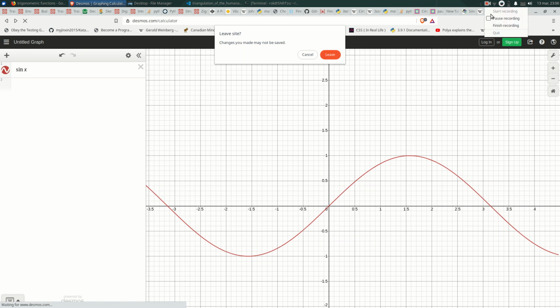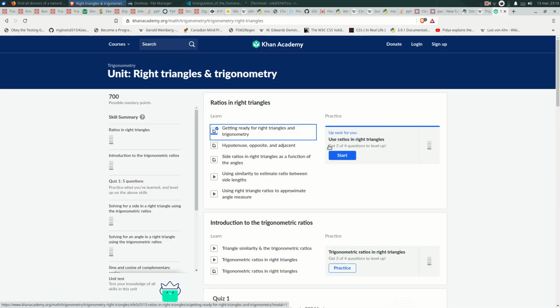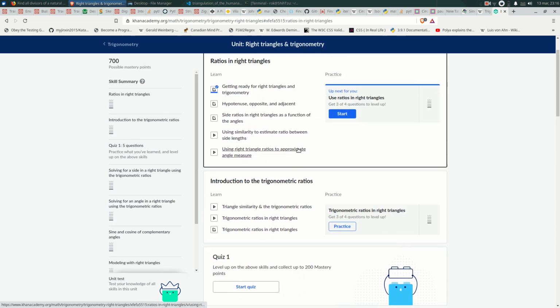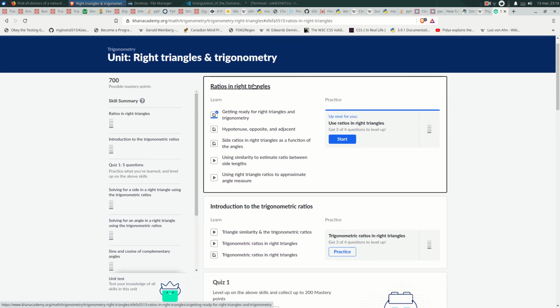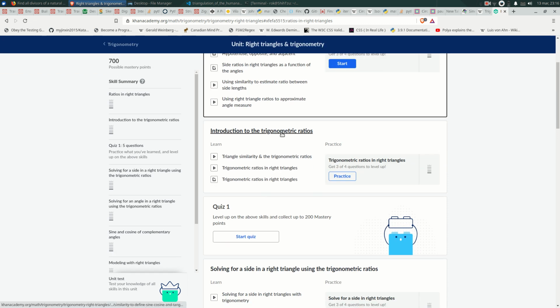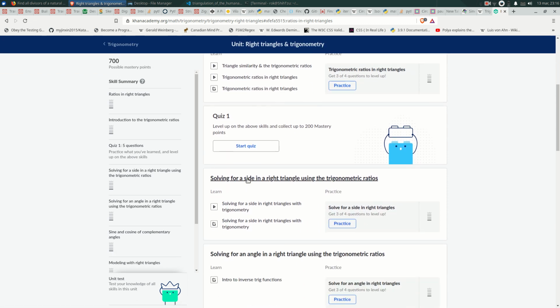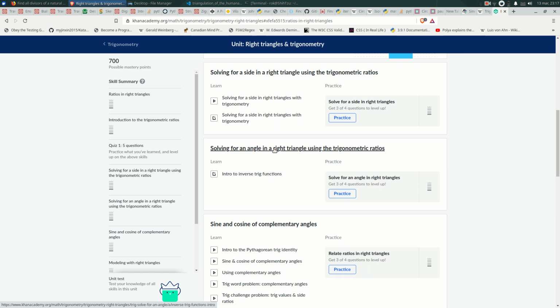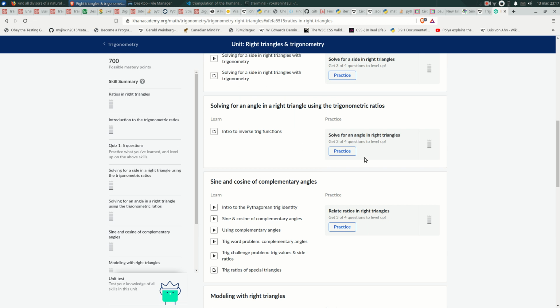I'll do Khan Academy. Alright, so here we have right triangles and trigonometry: ratios in right triangles, introduction to trigonometric ratios, solving for a side in a right triangle using the trigonometric ratios, solving for an angle in a right triangle using the trigonometric ratios.